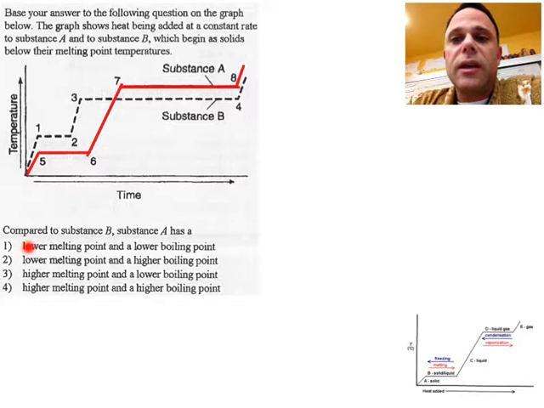Does substance A have a lower melting point than substance B? Substance A, it does have a lower melting point. Does it have a lower boiling point? Nope. Does it have a higher boiling point? Yep. The answer for this one is choice 2.